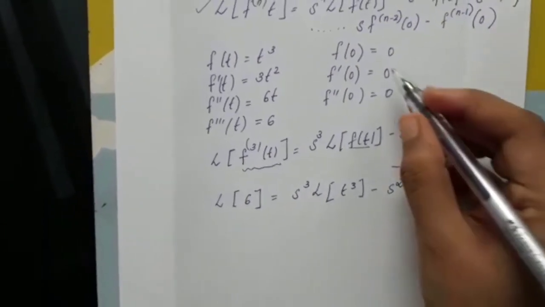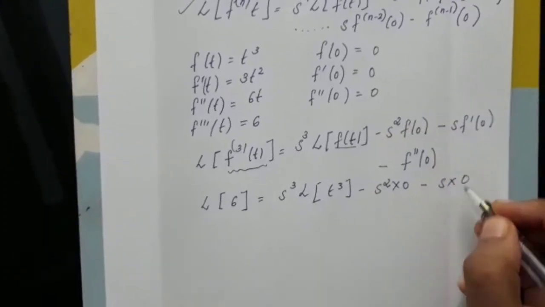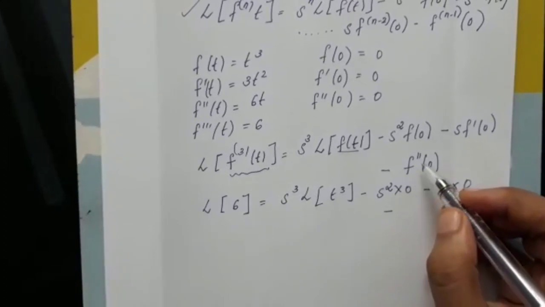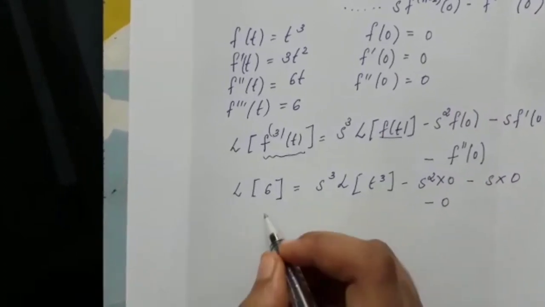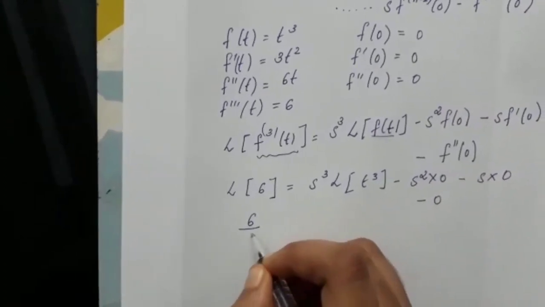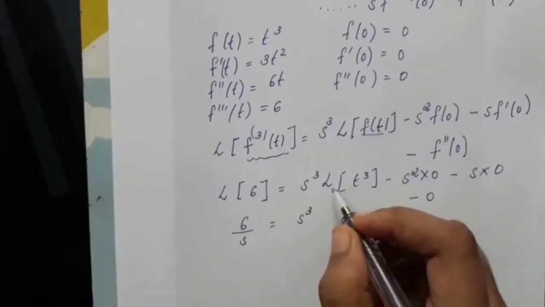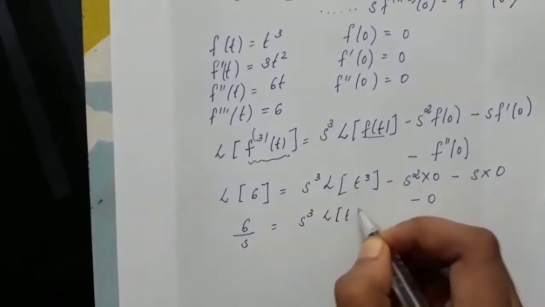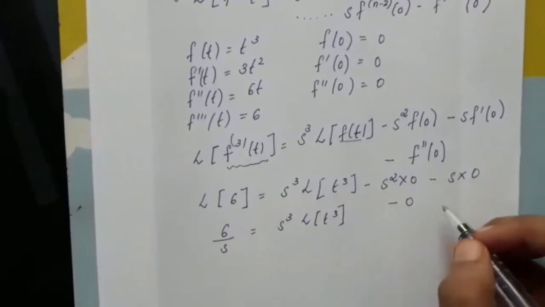F of 0 is 0, so into 0, minus s into f dash of 0 which is also 0, minus f double dash of 0 which is also 0. So L of 6 is equal to 6 by s is equal to s cube L of t cube minus 0 minus 0 minus 0.